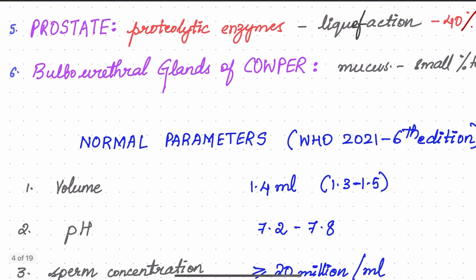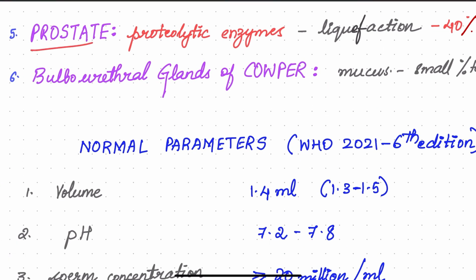Next, prostate. Prostate produces proteolytic enzymes. They are required for converting thick viscous semen. Normally, semen is very viscous. To make it watery so that it can easily penetrate through the cervical passage, which is called liquefaction, certain enzymes are needed to break down or liquefy the semen.